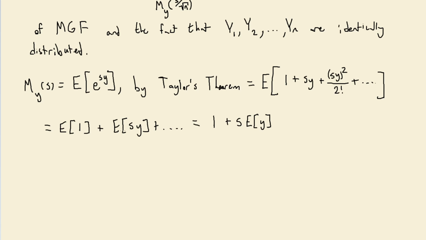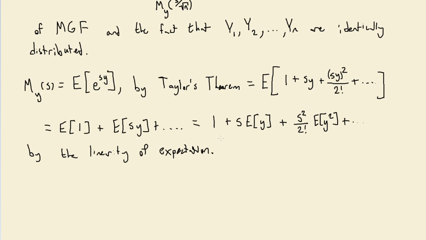Then this is going to be plus s squared over 2 factorial times the expected value of y squared. And this will continue out, by the linearity of expectation. Now we appear to have hit a wall in our reasoning here, because we still have these expected values.